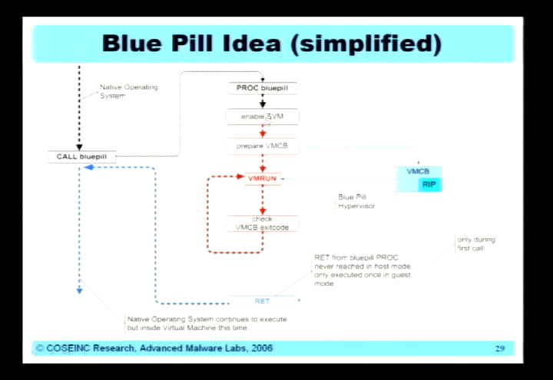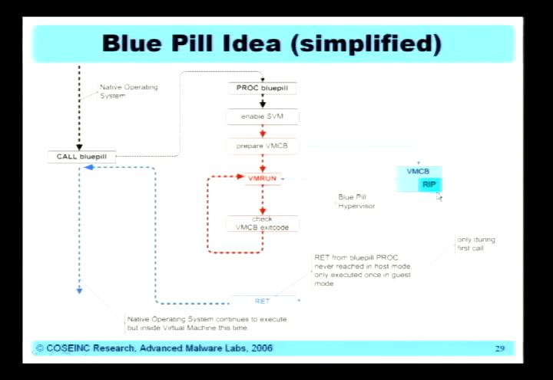It first enables SVM mode by setting bit number 12, then prepares the VMCB in a very tricky way. The tricky way is that we need to prepare things in such a way that this created VMCB, this created virtual machine, would be the same as the current operating system. So we try to clone our operating system into the VM.